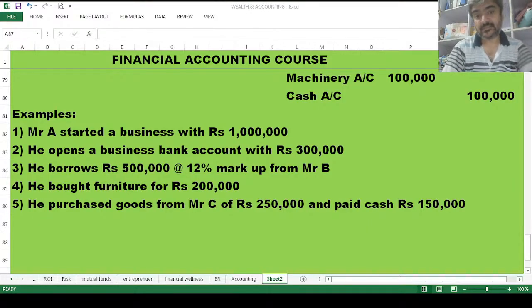Now this transaction involves three changes. Number one is increase in purchases by rupees 250,000, and purchases are normally considered as an expense for the business.